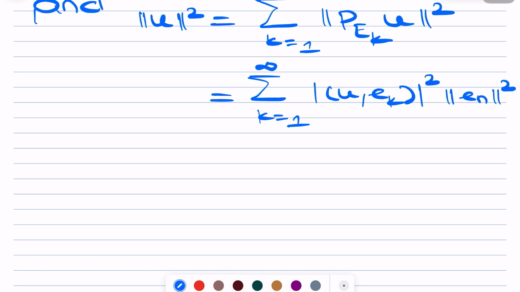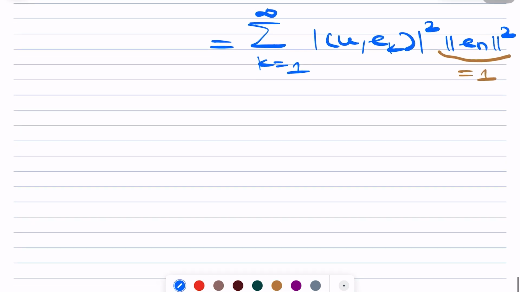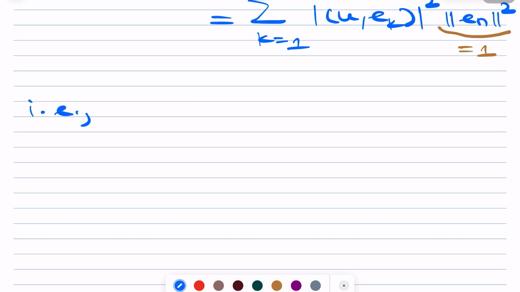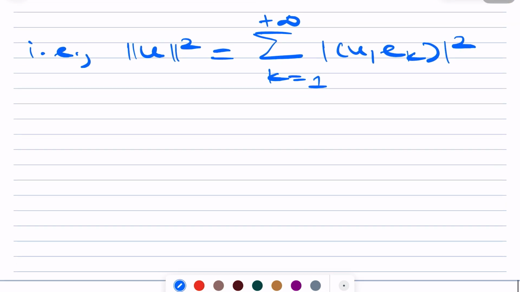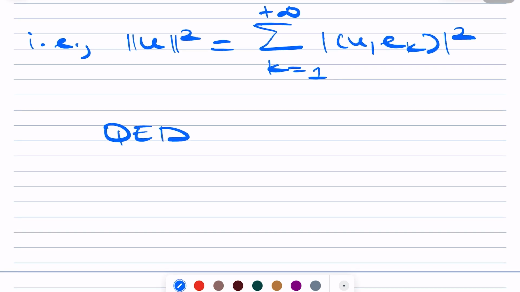But we know that e_n is an orthonormal basis, so this is 1. So finally, the norm of u squared is exactly the summation of the absolute value of the scalar product of u and e_k squared, k running from 1 to infinity. With this, we end the proof of the corollary.